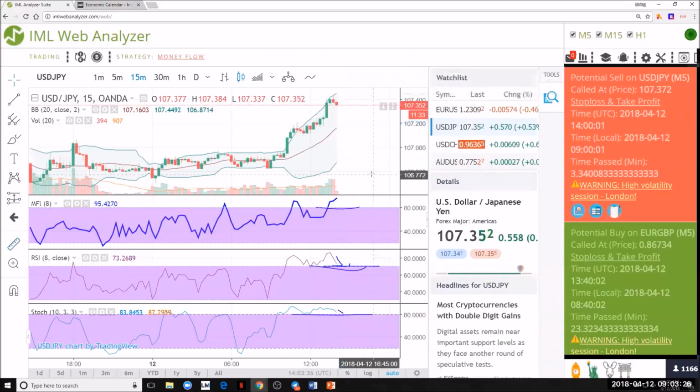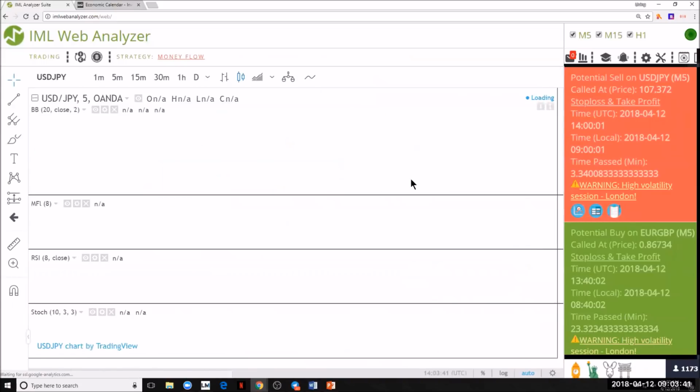Okay. So I'm going to wait on money flow, because as we can see, there's a strong push to the upside. I'm not sure, there may have been some news, but I'm going to wait on money flow. Click on this again, get rid of my drawings.